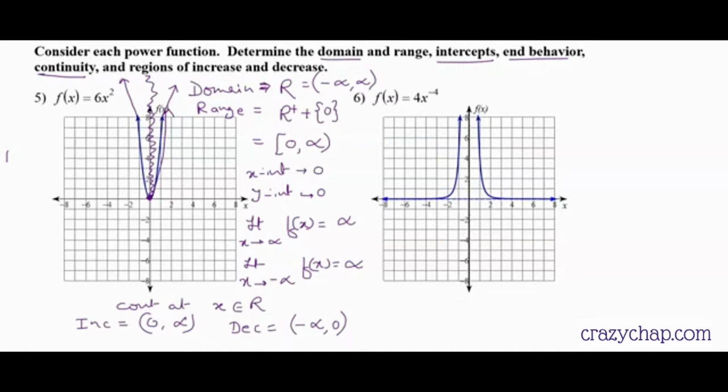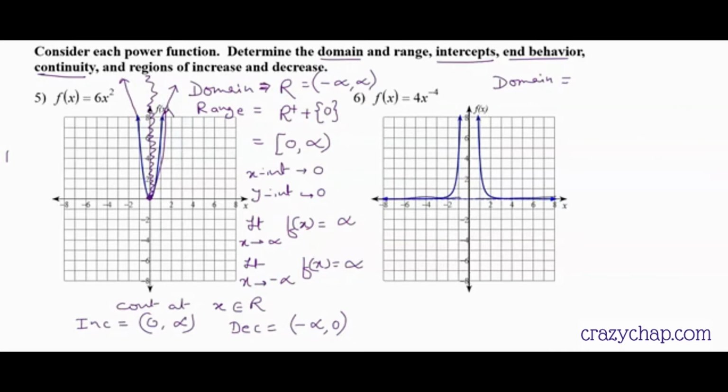Fine. Let's come to question number 6. When I look at the graph, I realize that the domain is all real values except 0. I'm just marking it. On the x-axis it is covering everything, but it is not touching x at 0.